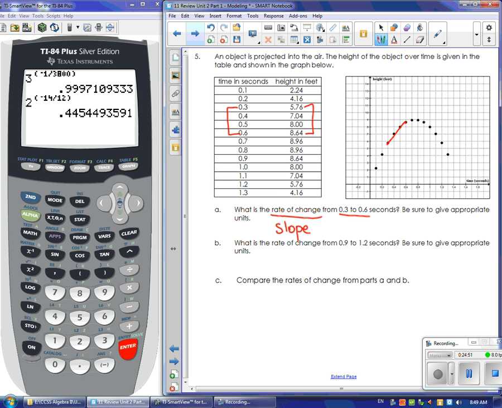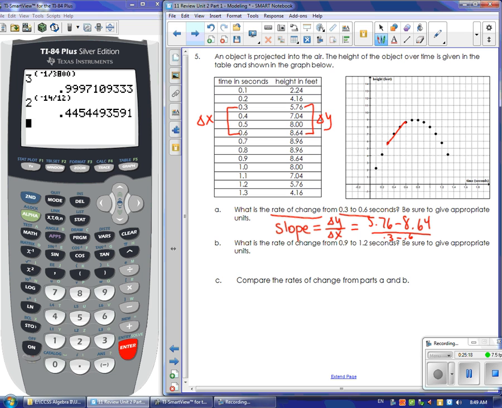Or if you remember, the slope is just the change in the y values over the change in the x. Well, here's my x, here's my y. So the change in the y values, it doesn't matter what order you go as long as your order is consistent. So for example, I can go 5.76 minus 8.64 as long as when I'm looking at the change in x, I do 0.3 minus 0.6.